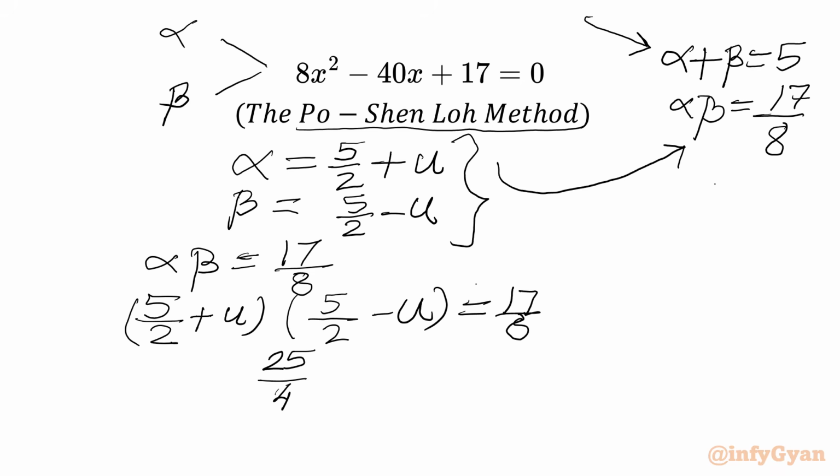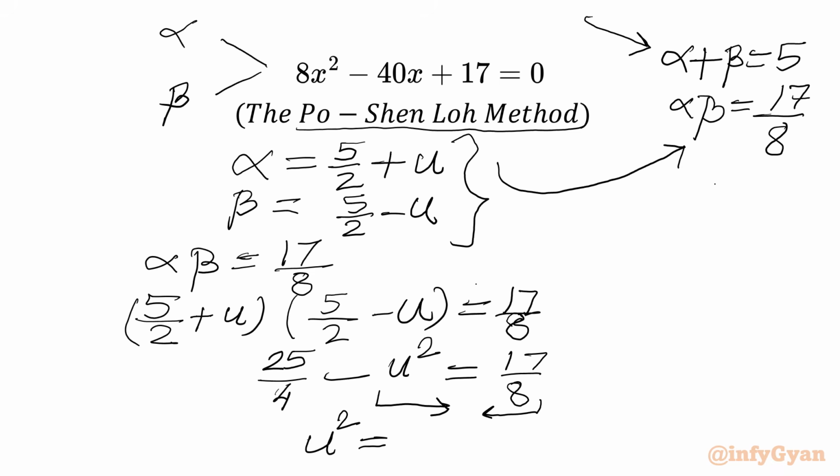So 25 over 4 minus u square equal to 17 over 8. Now we have to find u square. So I will take this minus u square to the RHS and 17 over 8 to the LHS. And 25 over 4 is 50 over 8. So I can write here 50 over 8 minus 17 over 8, which will become 33 over 8.